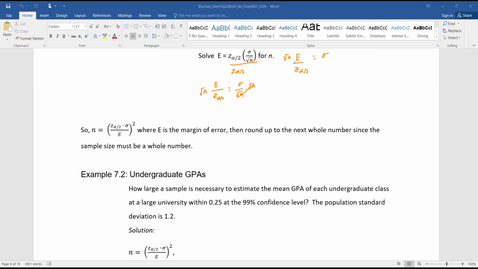Now, to get rid of this fraction, I'm actually going to multiply by its reciprocal. So z alpha divided by 2 over E. So that will cross out. But what I do to one side, I must always do to the other side. So this is where I'm at now.